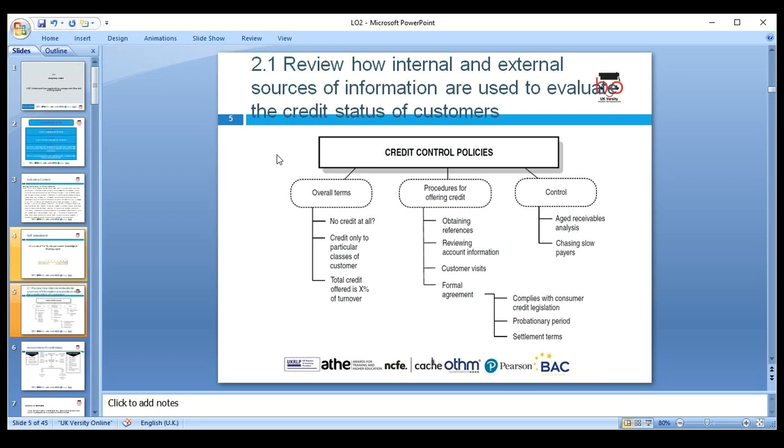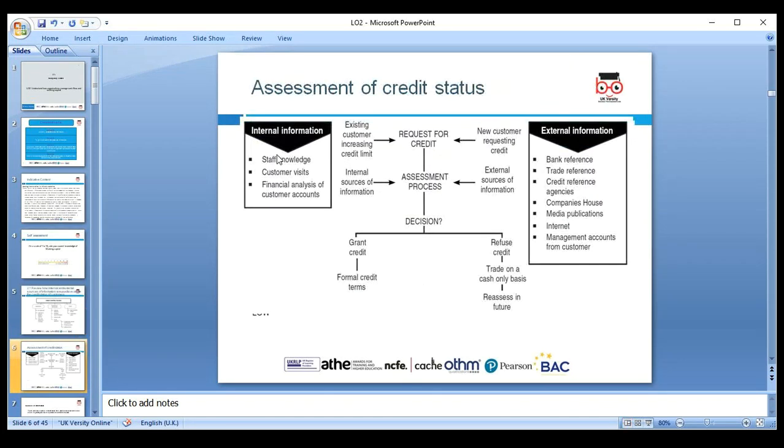You can visit the customer, look at the formal agreement, and comply with customer credit legislation. Probationary period: maybe you can give low credit to some new customers and then enhance it. Settlement terms can be varied based on the credit rating. And control the aged receivables analysis, so we can chase slow payers. If you have any questions, please ask.